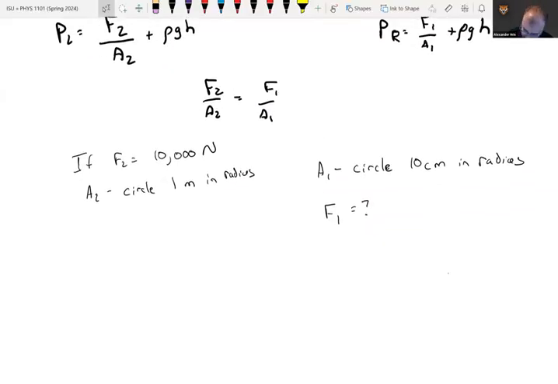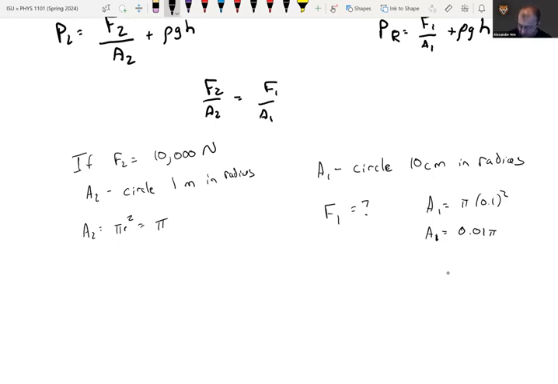Okay, so area 2 is just going to be pi r squared, which 1 squared is just 1, so that is just going to be pi. And then area 1 is going to be pi times 0.1 squared, so area 1 will be equal to 0.01 pi.